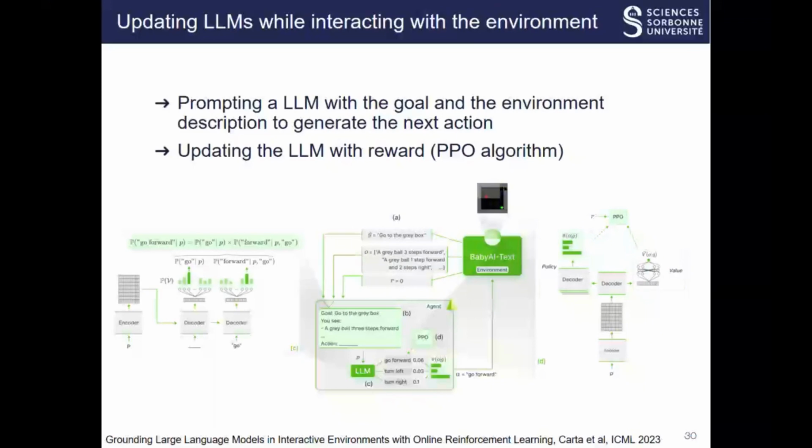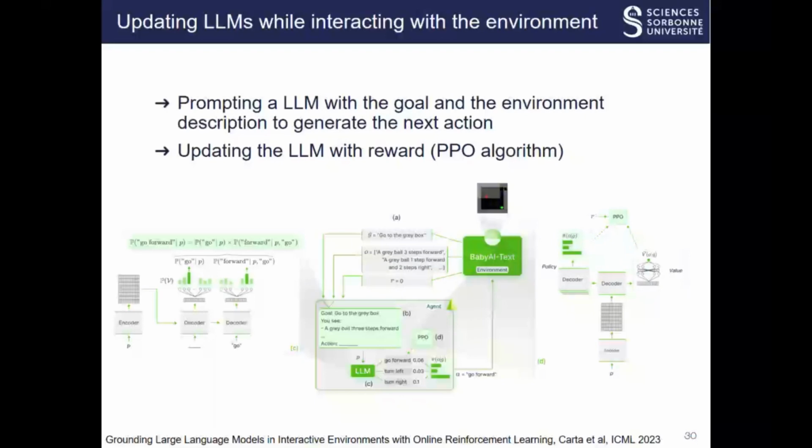Okay. One other interesting property here is the ability to fine-tune the model and see how it evolves during the interaction with the environment. So this is a paper proposing a model called GLAM. It is mainly focused on text. We don't have vision input in the model here, but this is interesting regarding the fact that they fine-tune the model.